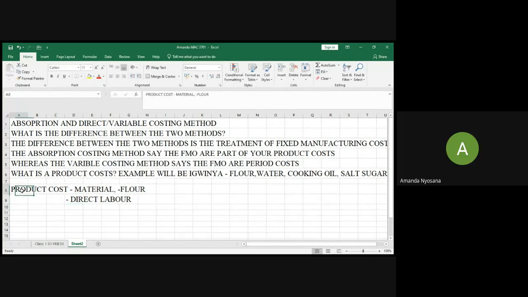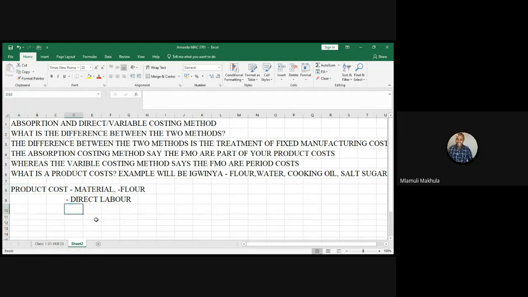It will also include what we call variable manufacturing overheads, which in this case, as an example, will be salt, sugar, and cooking oil.